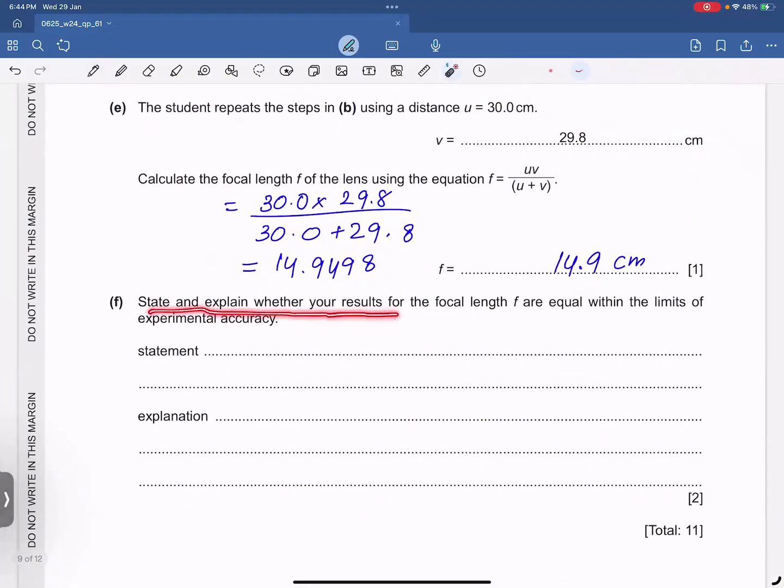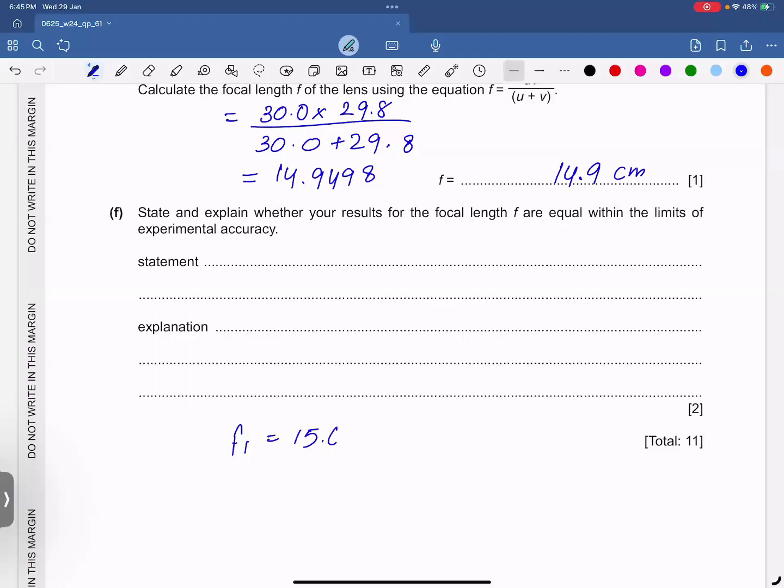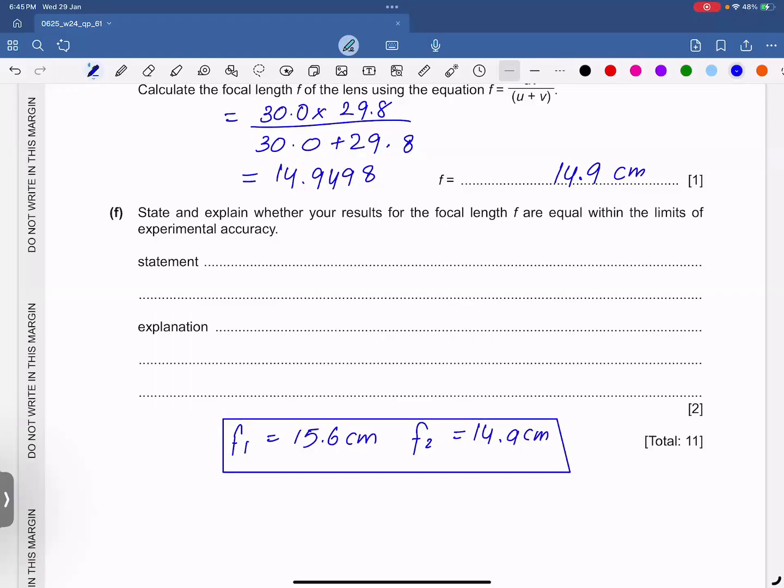State and explain whether your results for focal length f are equal within the limits of experimental accuracy. Let's check. What was your f1 before? It was 15.6 centimeters. And now f2 is 14.9 centimeters. So are they equal or not? I know some students think no, they are not equal.